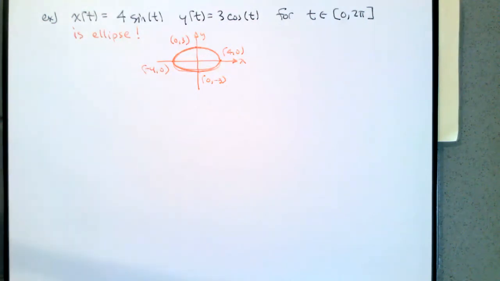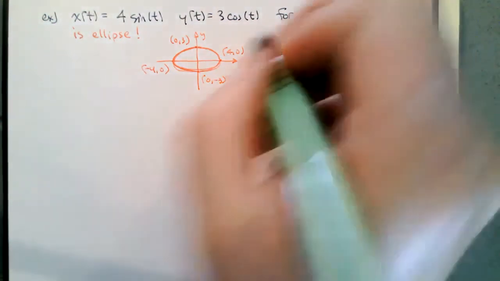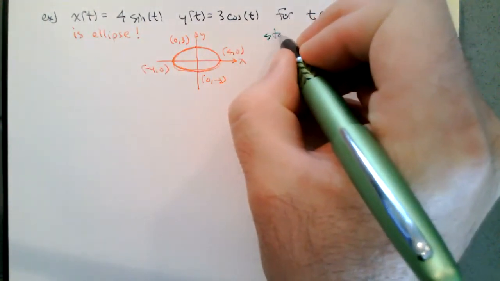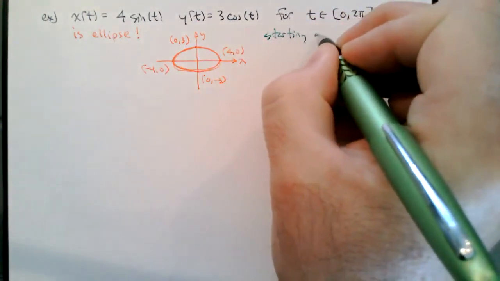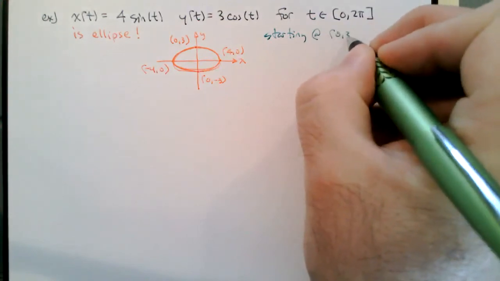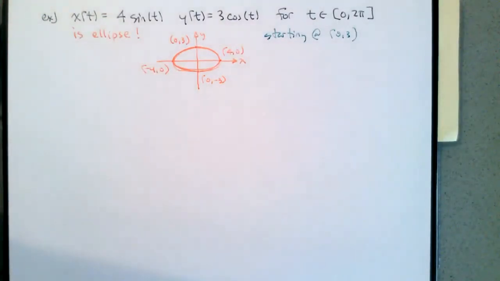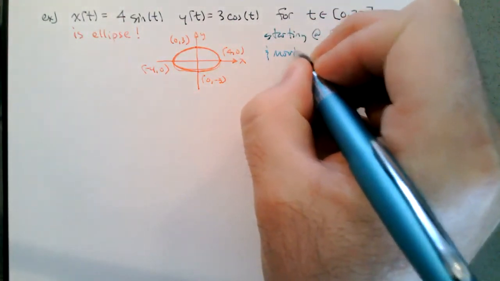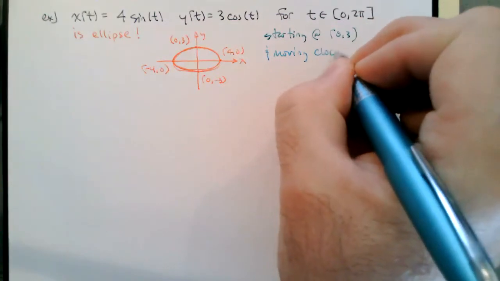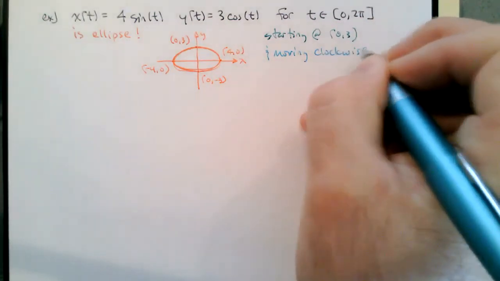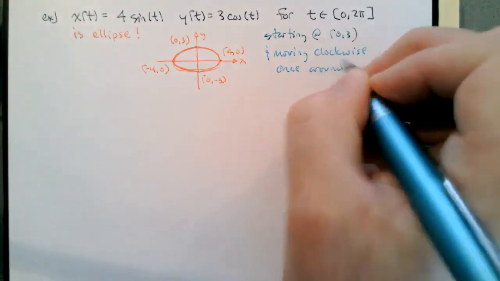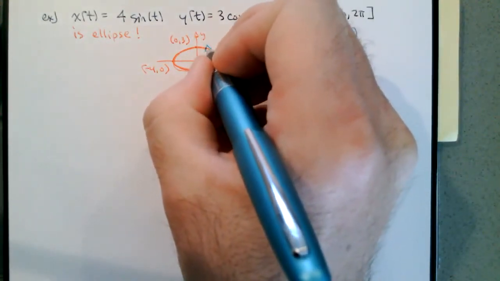So in this case, we started at (0, 3) and we went clockwise once around. So we were moving in this direction.